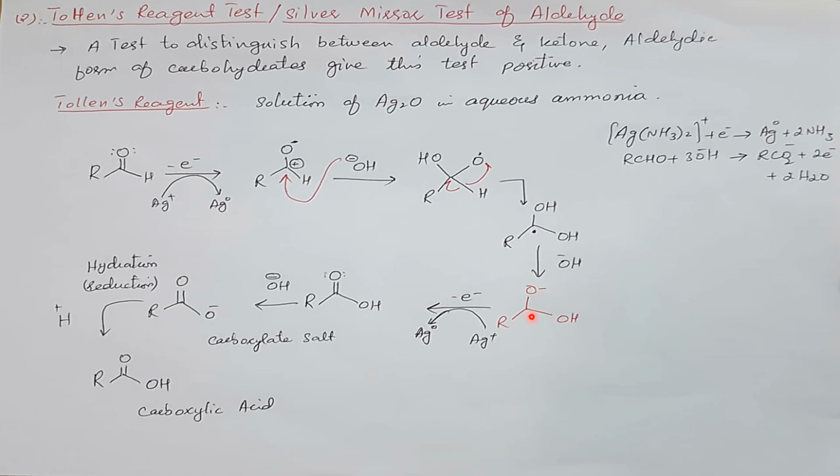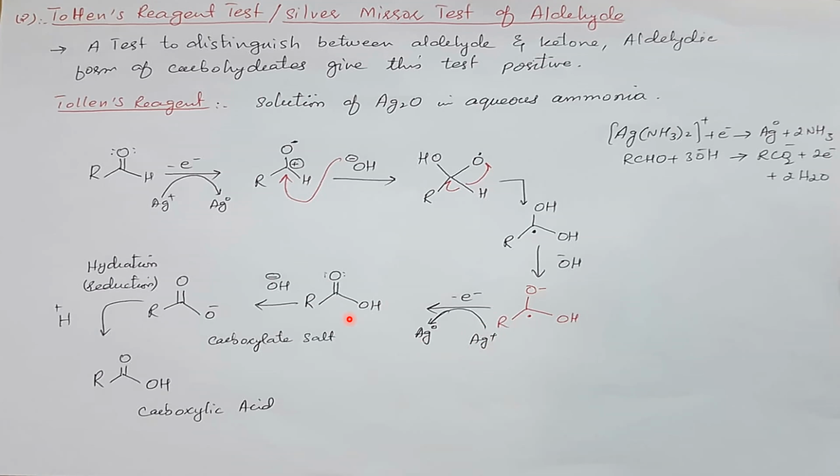Now this electron will be removed from this system, and this will be accepted by the silver plus, which is in the system because we are using a stoichiometric amount of that silver salt, which is continuously supplying the Ag positive one, which gets reduced into the metallic silver.